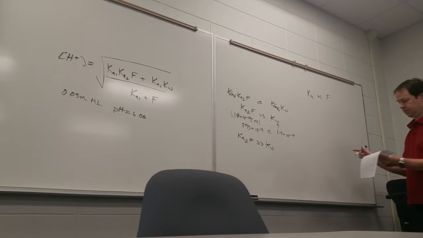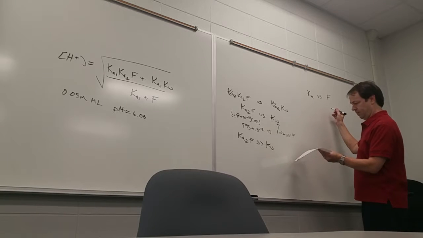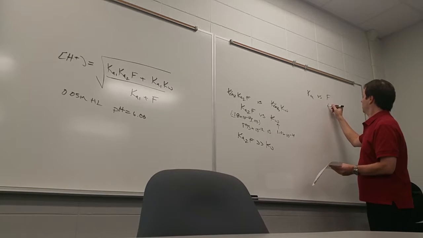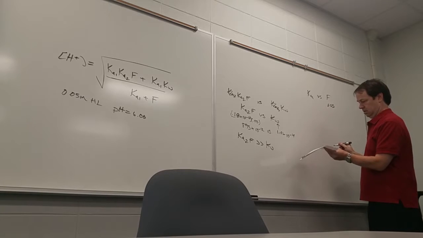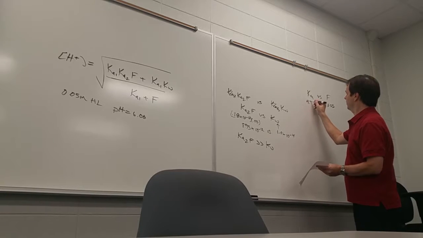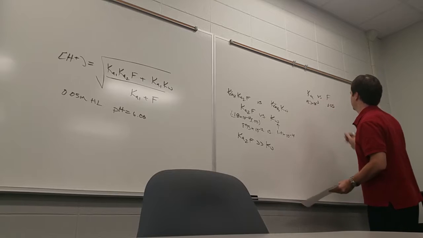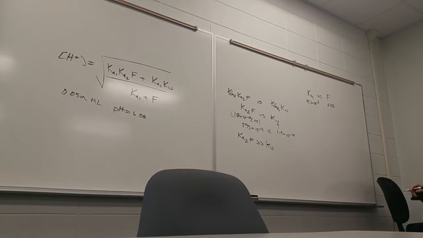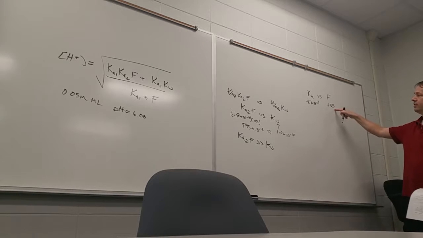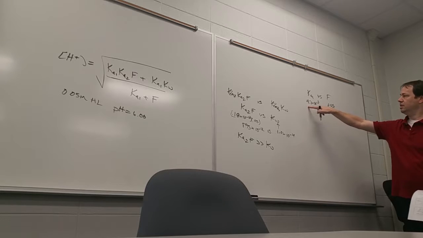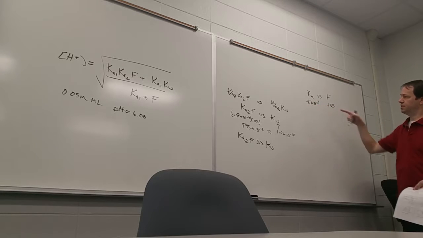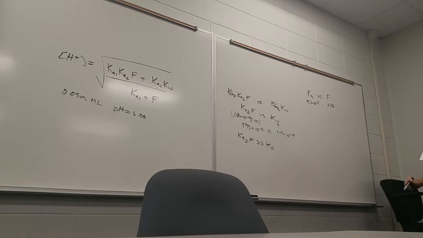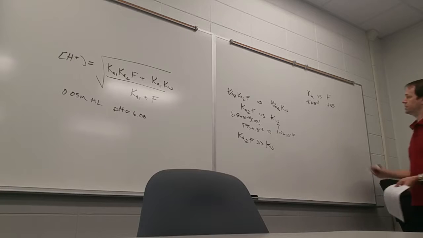In this example, F is 0.05 and Ka1 is 4.7 times 10 to the minus third. So in this case, F is 5 times 10 to the minus second, Ka1 is 4.7 times 10 to the minus third. That one's not a great example of one where you can make the assumption, but sometimes we can.